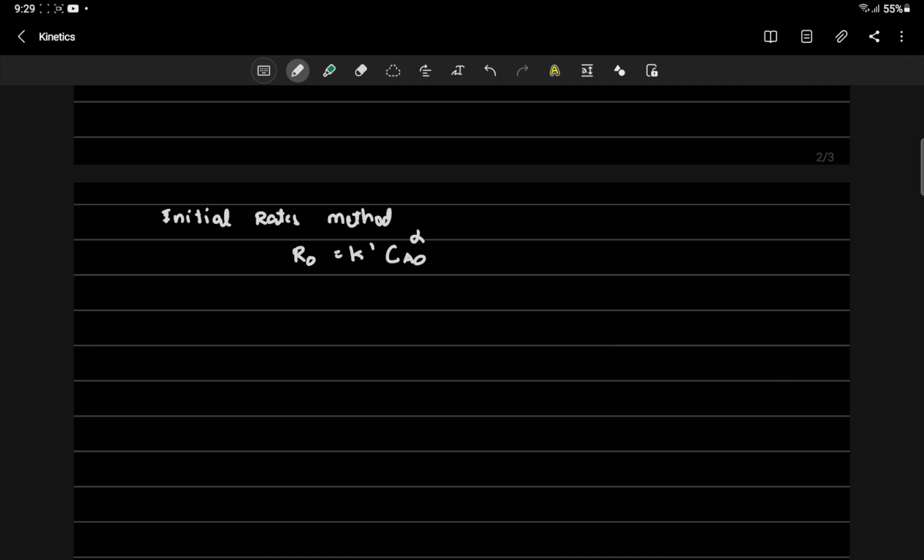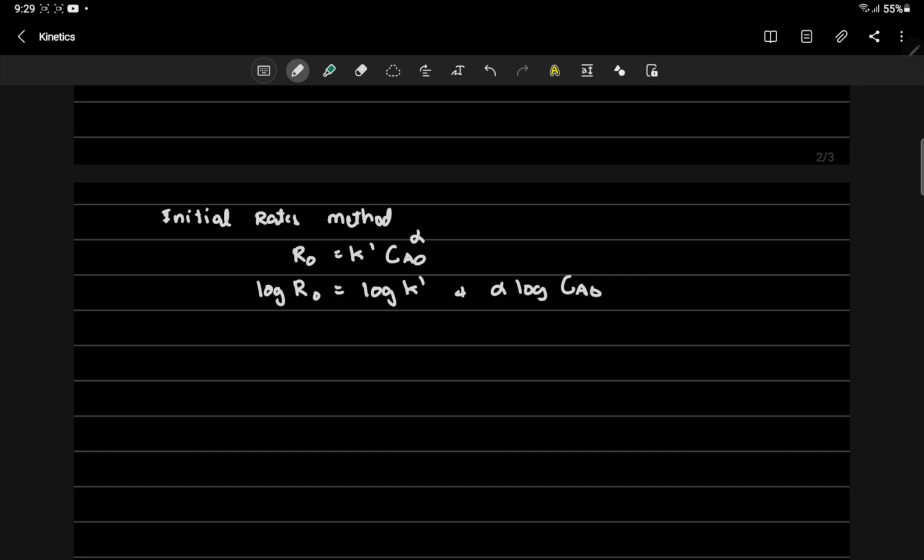So what we can do for this expression is we take the logarithm of both sides of the equation, of course. So that will be log of the rate equals log of k prime plus alpha log of the initial concentration of the reactant.